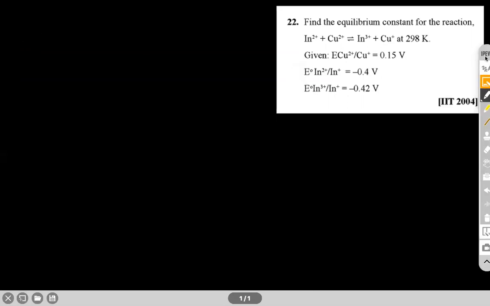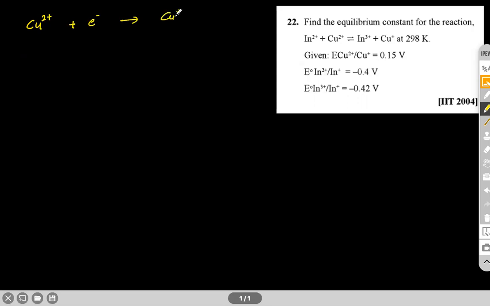Now based on this, if I write down the reaction, it would be Cu2+ plus 1 electron gives Cu+.